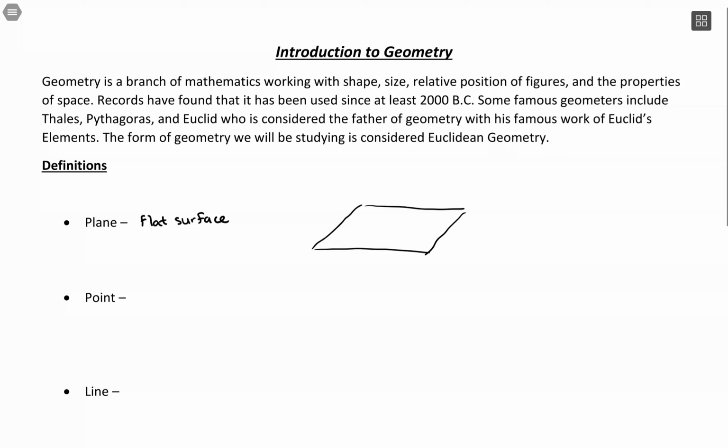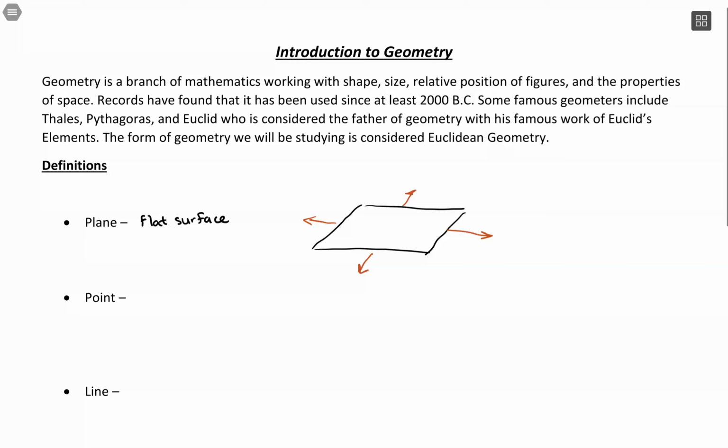That would be a plane. But a property is that it continues forever. So it's like we have this piece of paper, but it would be an endless piece of paper that spreads out infinitely in all directions. So you'd have this infinite space, and that's where we can draw our shapes. What we'll talk about in this video is points and lines, but the idea is that it should continue forever.